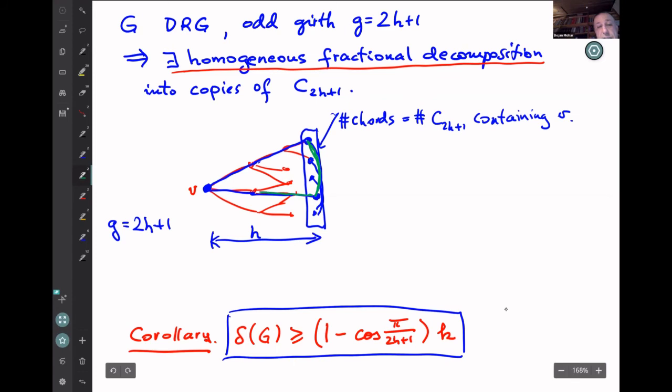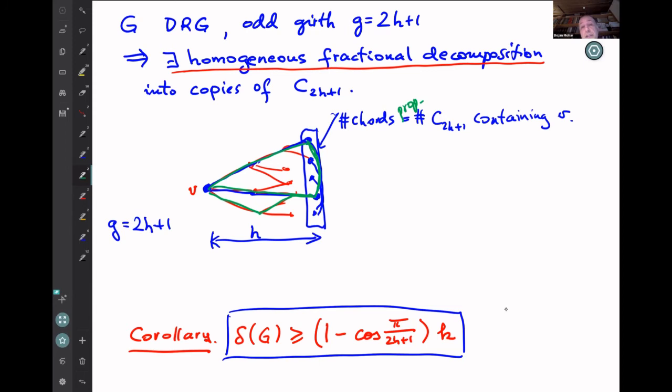So let's look at this one. Well, it gives you this cycle, but it also gives you this one of the same length. So it's not equal, but it's proportional. The number of chords is proportional to the number of these cycles. And it turns out easily, just using the parameters of the distance regular graph, that this proportionality is the same for every vertex v.